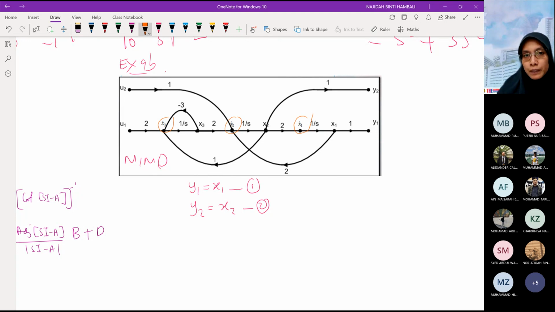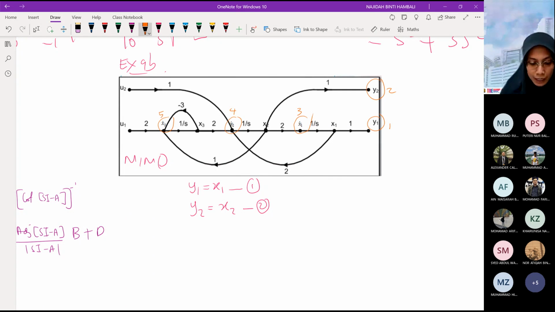X1 dot sama dengan apa, X2 dot sama dengan apa, X3 dot sama dengan apa. So that we can construct our matrix A and B. Kita cari equation untuk output, kita nak construct matrix C dan D kalau ada. Okay, so cari derivative state variable. So ni nombor 1, ni nombor 2, 3, 4, 5.